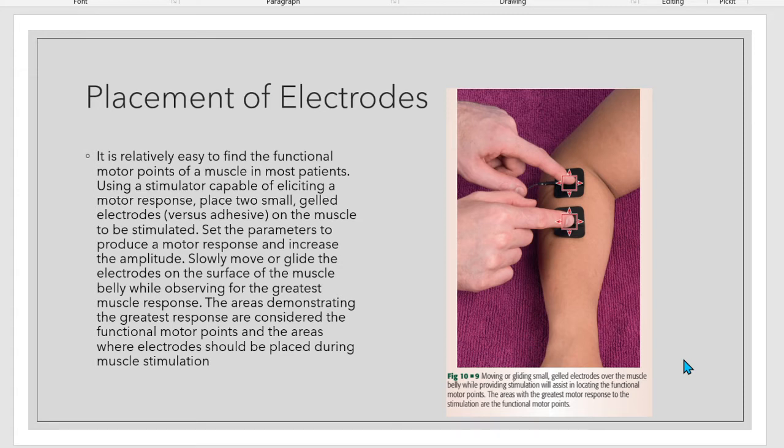So when you can see that, so that point where your electrode is placed, no, kung duha ka electrode ang butang, ang isa na naagid siya sa motor point. So basically, kung asa to dapit ang bili, that's the motor point. Okay, so then you put adhesive or you put tape on it, no?